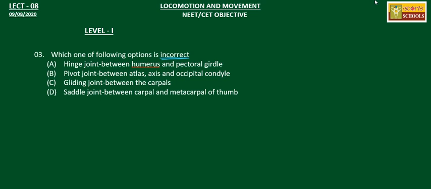We know that the joint that exists between the humerus and pectoral girdle is a ball and socket type of joint. This one is present between the humerus and the pectoral girdle.